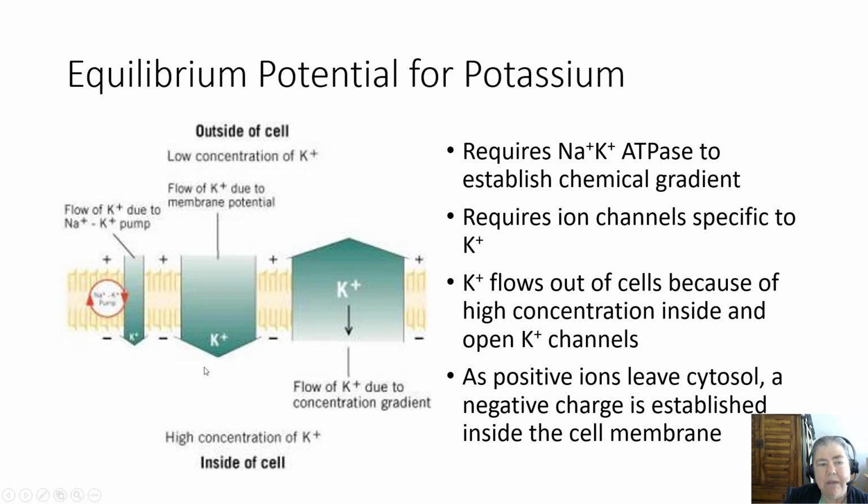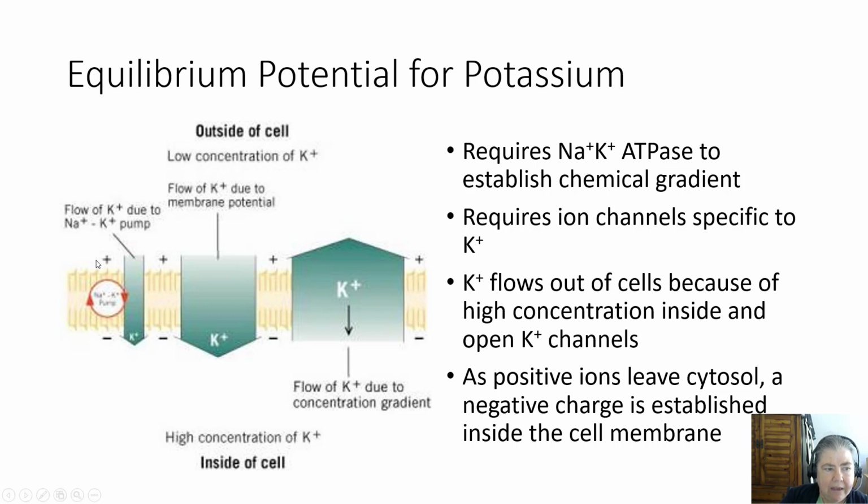You're going to have some potassium flowing back in from this positively charged outside to the negatively charged inside. And it's when the chemical and the electrical gradients balance that you reach something called the equilibrium potential for potassium.